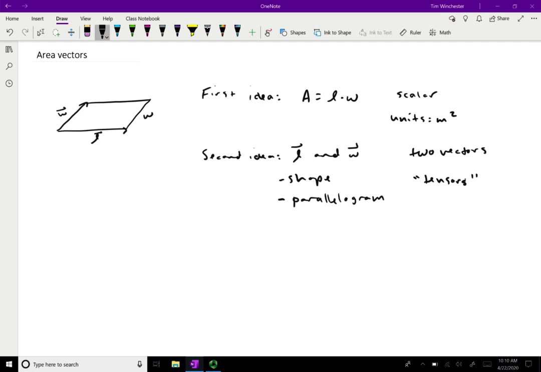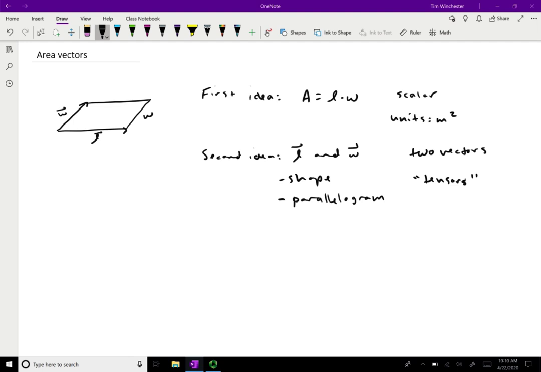You have seen an example of a tensor before. In 121, the moment of inertia, we treat it like a scalar, but in fact it's a more complicated thing. It acts like a tensor, and that's why rotation of complicated objects can be really weird, because of that tensor behavior.